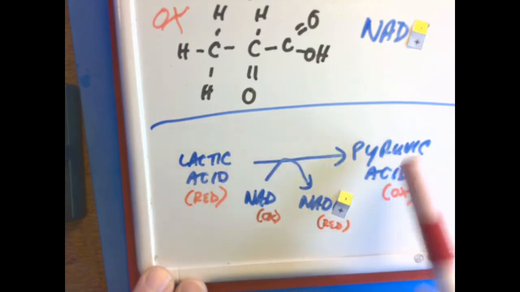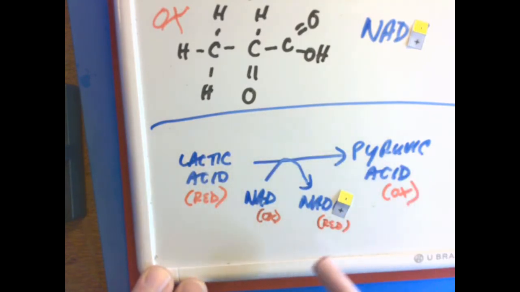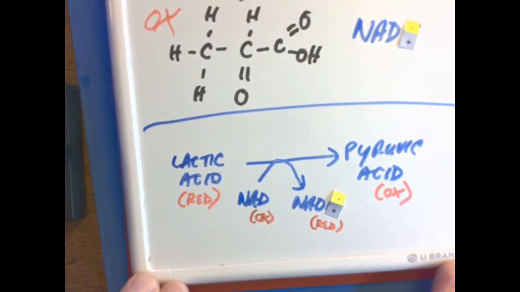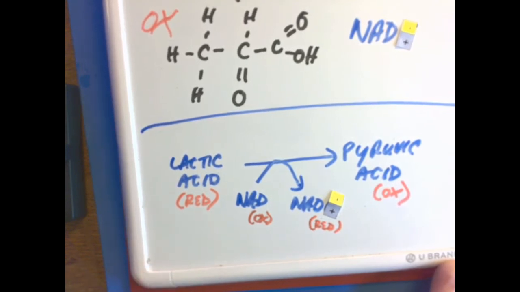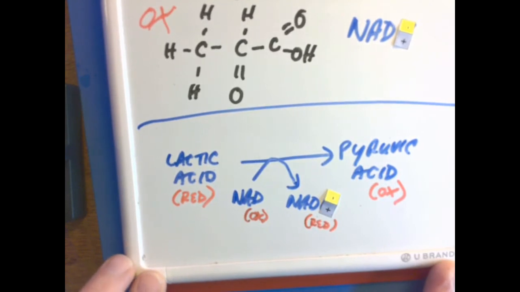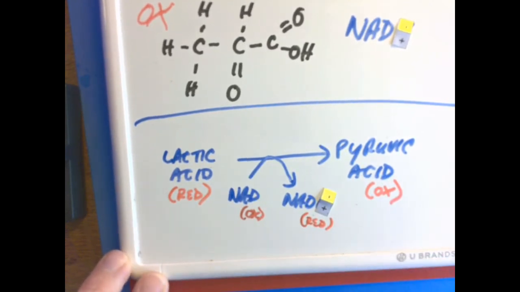Reduction, oxidation, that's redox. But the point of discussing this right now is to show you the role of NAD. It turns out that stripping hydrogen atoms off of organic molecules is something that happens constantly in cells for very valuable reasons that we're about to get into. So if enzymes are going to rip hydrogens off of organic molecules, somebody has to be there to hold them so that something constructive can be done with them later on.